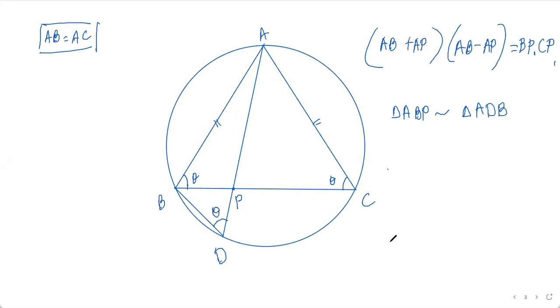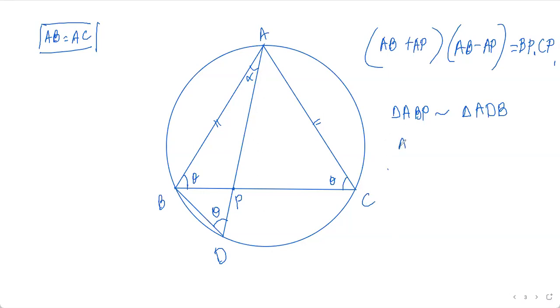And any more angle they have equal? One more angle? Yes, angle BAP. Angle at that point A, right? So this alpha angle. So they are similar.